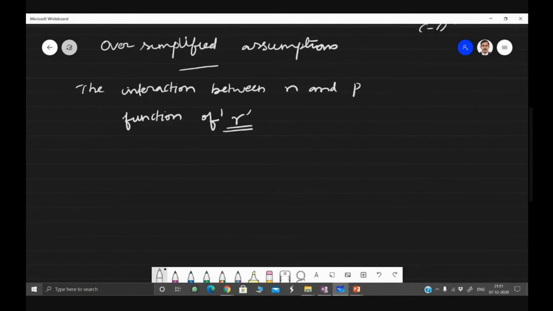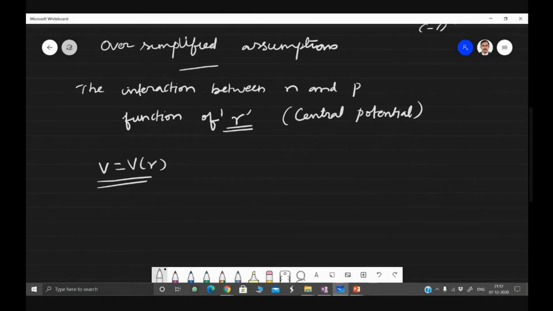So we consider the interaction between N and P as a function of R, or simply we can say we assume a central potential for the study of the diatron problem. That means our potential depends only on R. V is equal to V of R, and it is independent of the angles theta and phi.